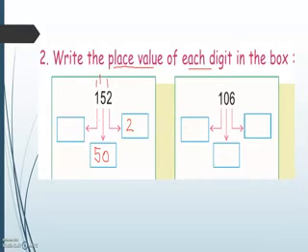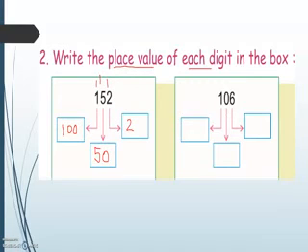Now see the 1. 1 is in the hundreds place. So the place value of 1 is 100. Understood? This is how we can write the place value of each digit in a number.